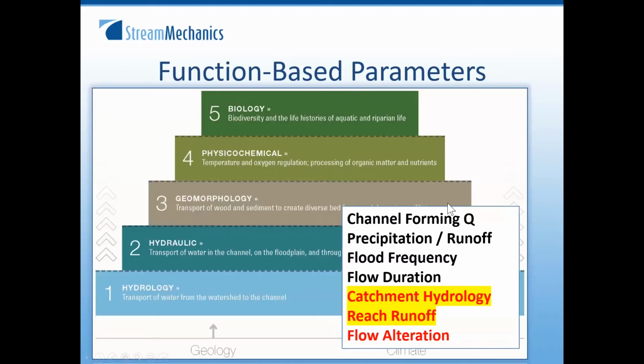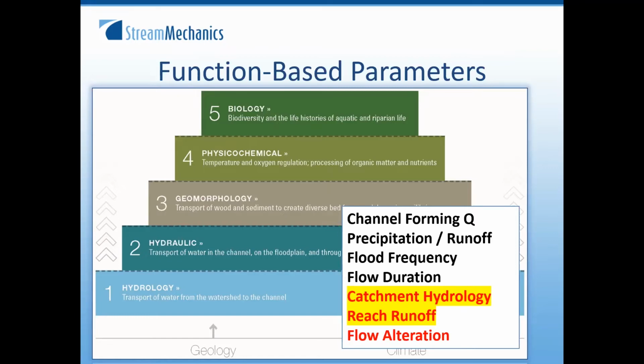All right, and I'm going to do this part quickly because we just don't have time to go deep into the parameters. I'm just going to show you an example of the parameters by category. What you see here is a complete list of parameters that have been used so far for hydrology. Again, these are all parameters that will help us understand or describe the functional statement in that category.